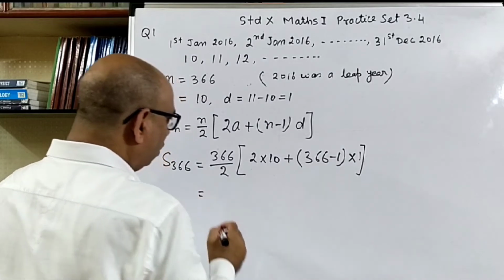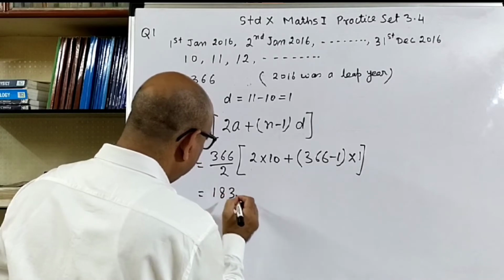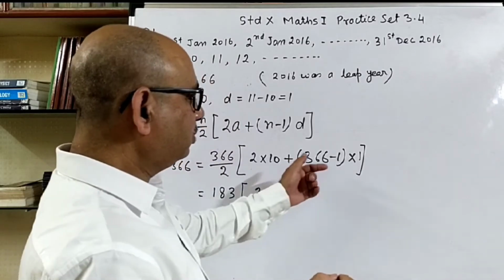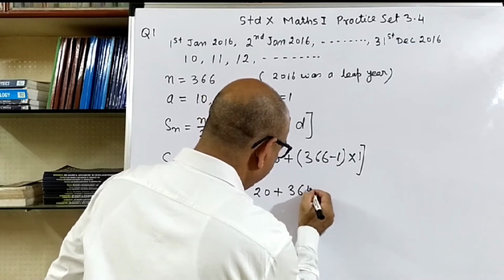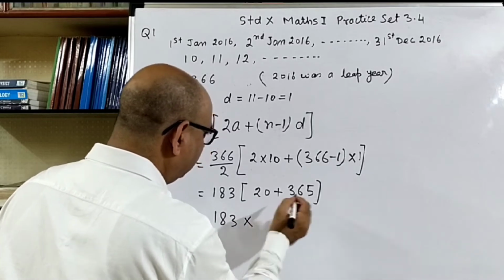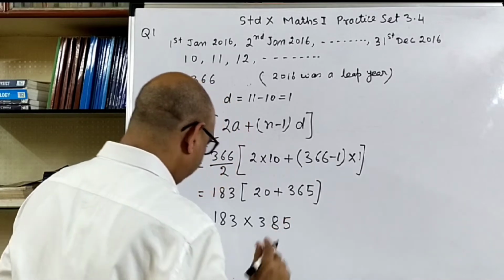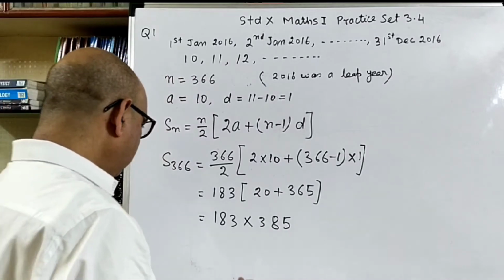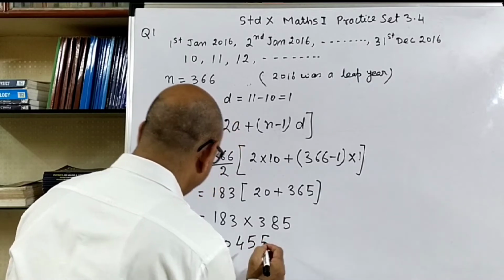This is equal to 183 into 20 plus 365 into 1, which is 365. This is equal to 183 multiplied by 385, and the multiplication of 183 by 385 is equal to 70455.